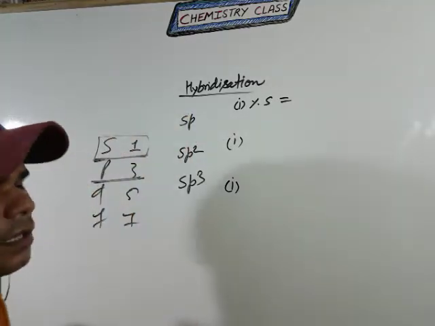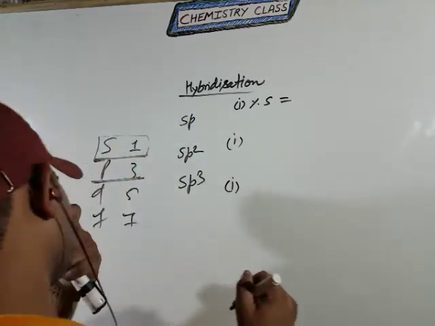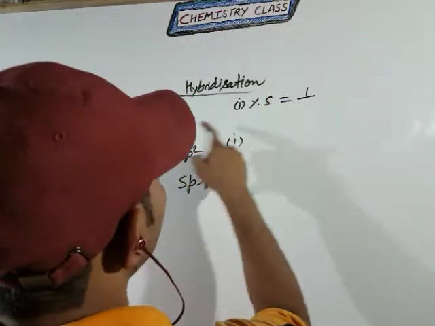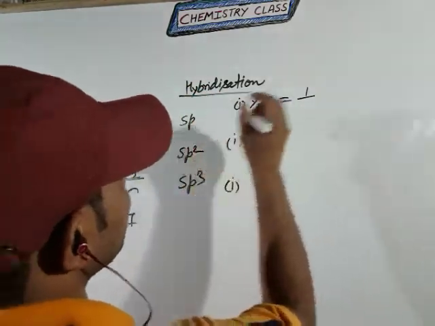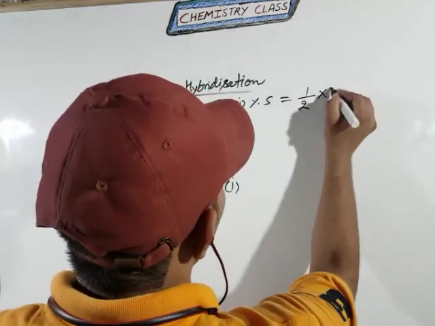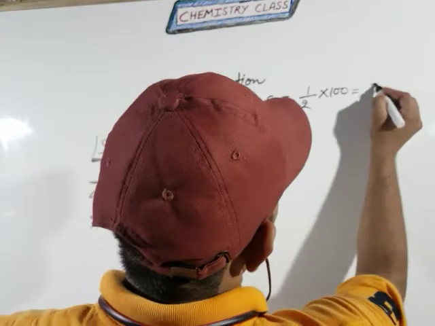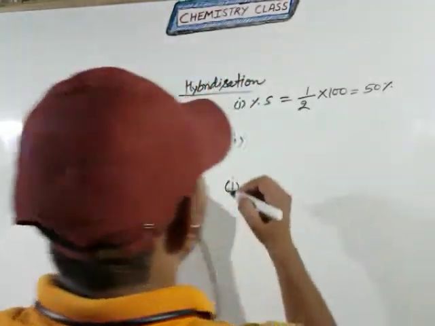Clear? In this case, how many S orbitals are there? 1, and the total is 1 S and 1 P. So total is 2. For the percentage, we multiply by 100, so it will be 50%.